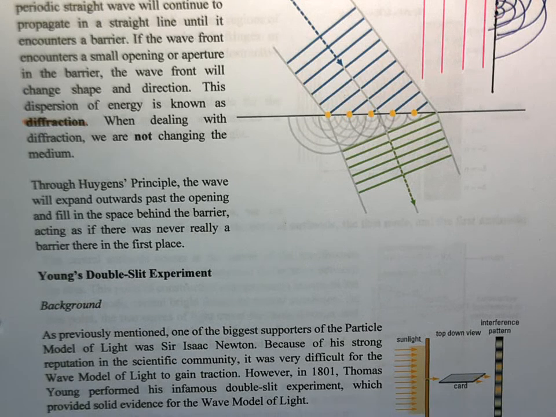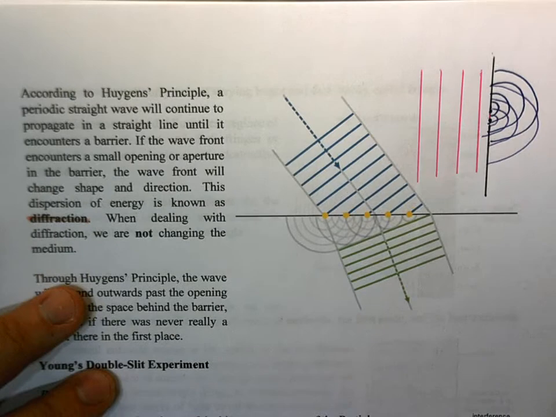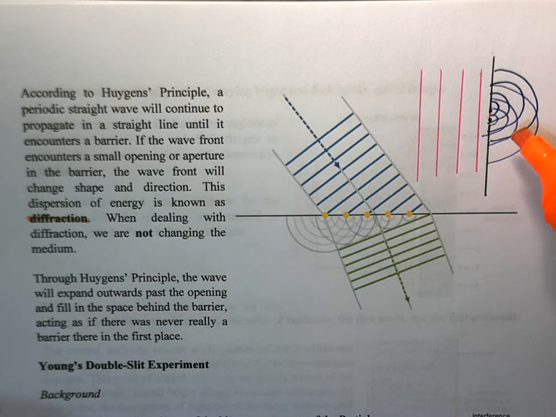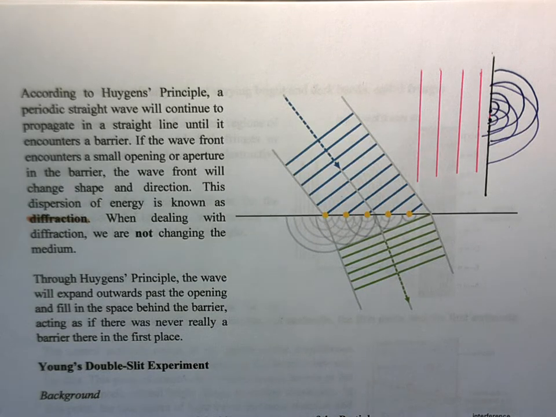Huygens' Principle sets up the foundation for what we want to look at next with Young's double slit experiment. This whole idea of treating the wavefront as a bunch of secondary waves that can propagate out in concentric circles allowed us to set the foundation for the wave model of light, and of course to explain Young's experimental results in the experiment that we're going to look at next.